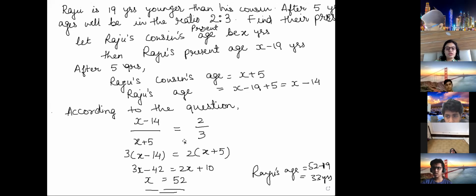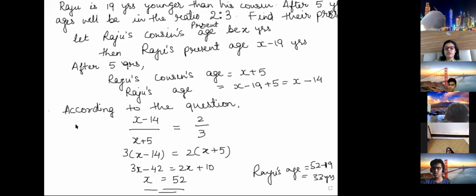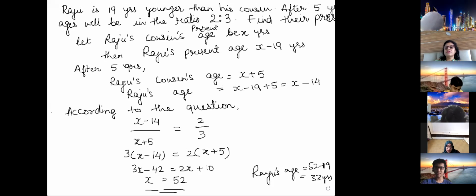Another question I'll give you. Write down: a father is 30 years older than his son.